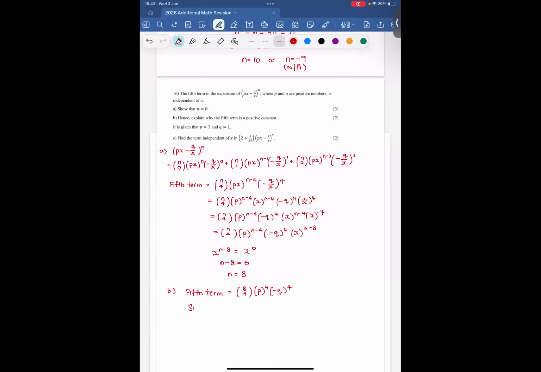Okay, since the powers are even, we will know that p power 4 will be more than or equal to 0 and negative q power 4 also more than or equal to 0. Okay, more than 0, cannot be equal to 0. Why? Because they say p and q are positive constants. It can never be 0. Therefore, the fifth term is a positive constant.